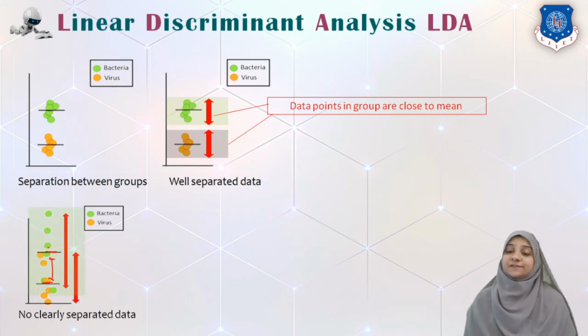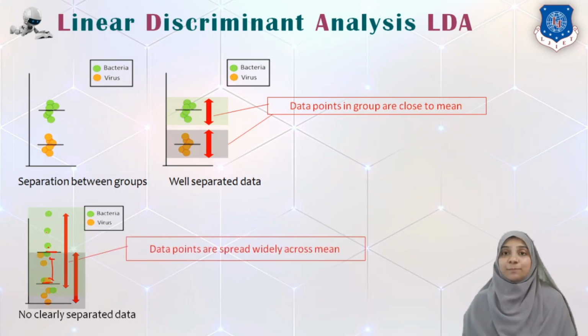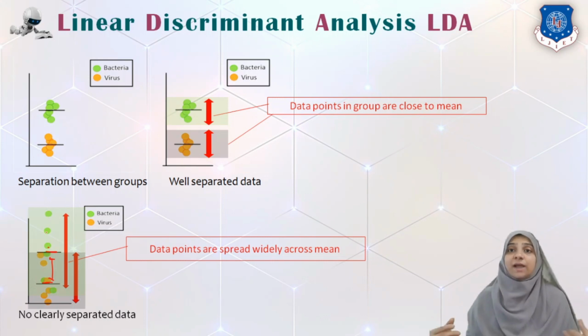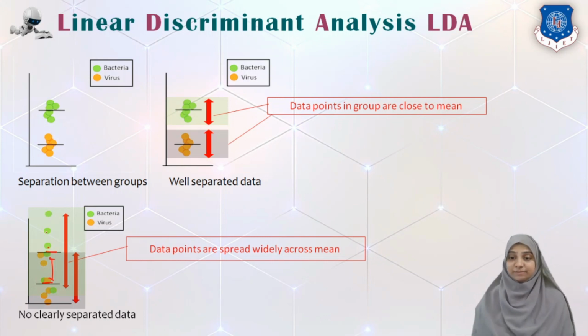That means in this case we have data points that are spread widely across their intra-class mean. So when data points are widely spread across the intra-class mean, we say that data is not clearly separated. So for clear data separation, we must have two conditions.